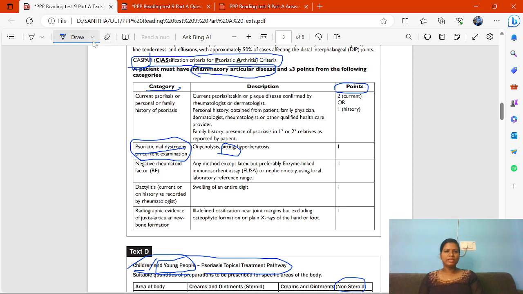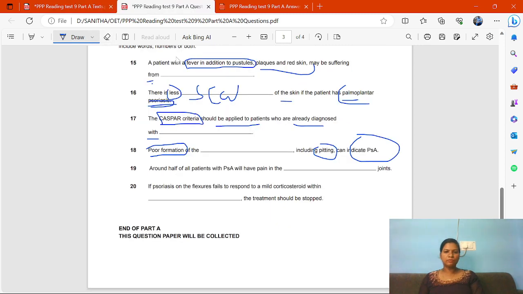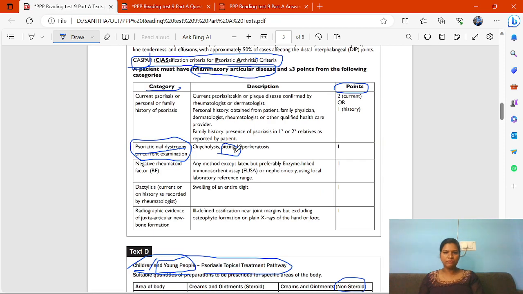I read once more: poor formation of the dash, including pitting, can indicate PSA. Here psoriatic is a disease condition, where nail dystrophy, psoriatic nail dystrophy on current examination, onycholysis, pitting and hyperkeratosis, it is given the description. So what is the poor formation?